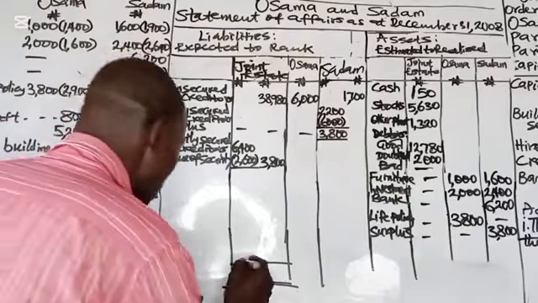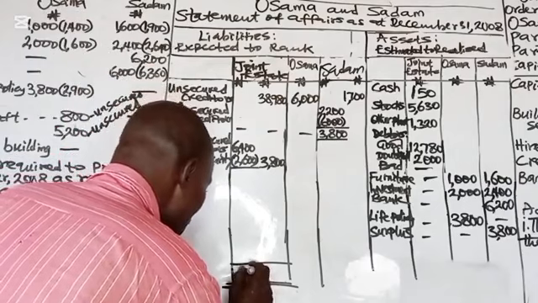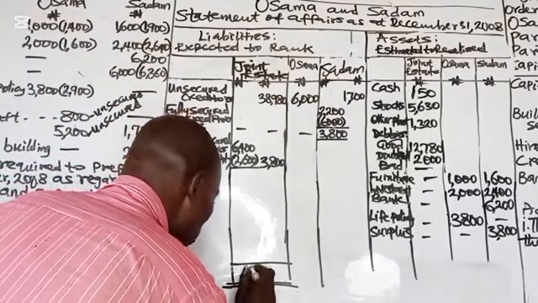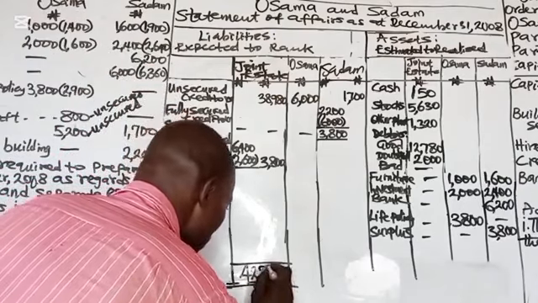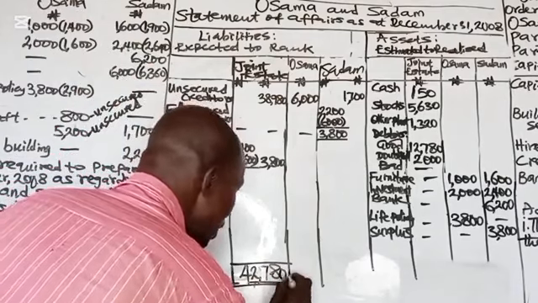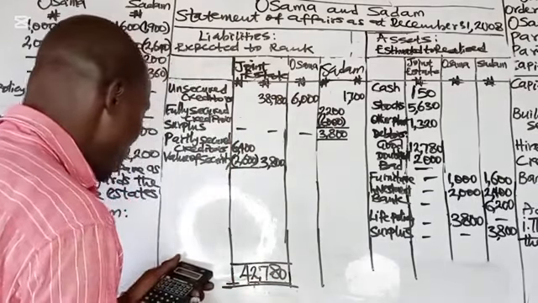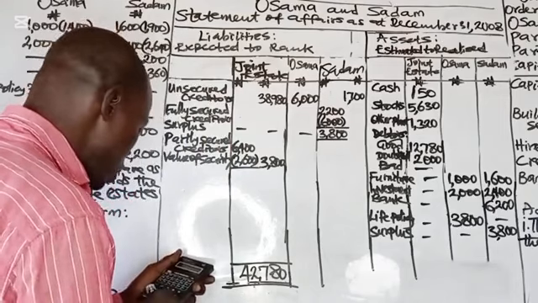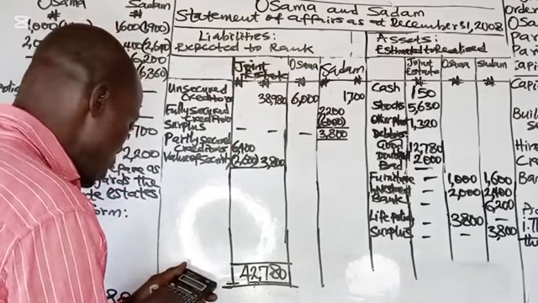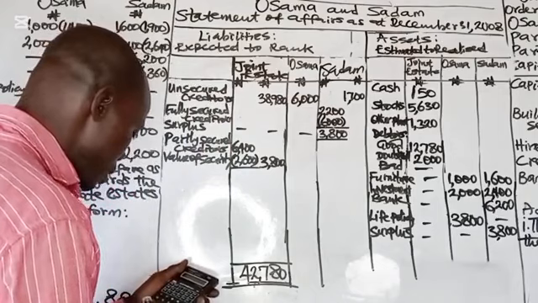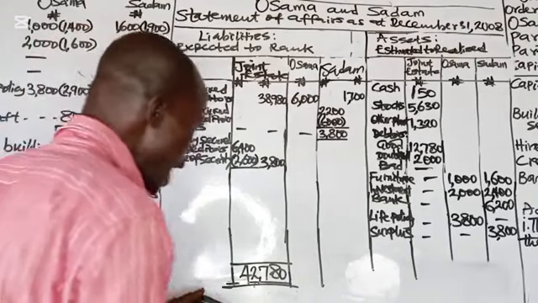Now let's add. For the joint estate, the liability is total 42,780. The asset side is total 21,880. If you subtract it, we have a difference of 20,900.